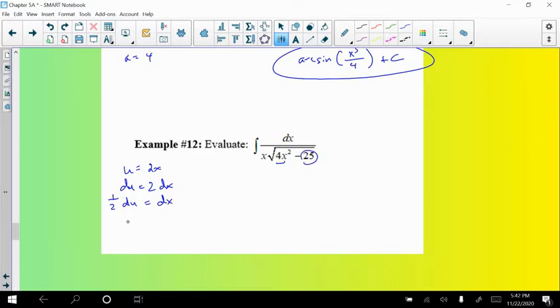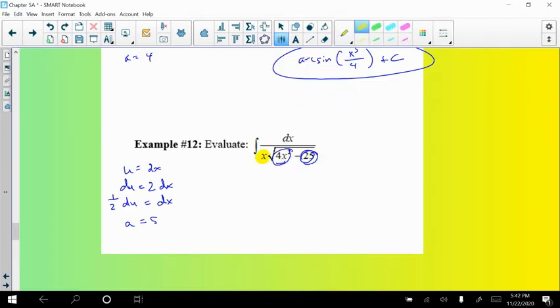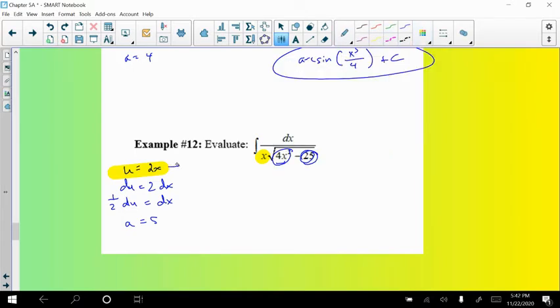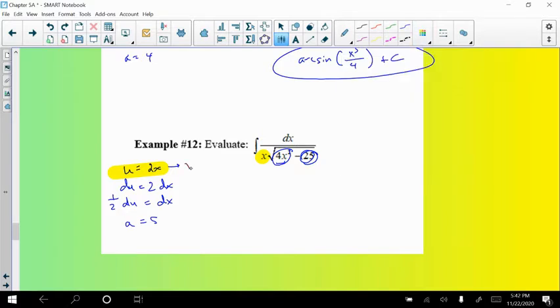25 should be clear that a is 5. And so that accounts for this, that accounts for this. But what it doesn't account for just yet is this x. So according to that, x is equal to u over 2. So I'm going to have to do a variation there of that x. So x is u over 2.